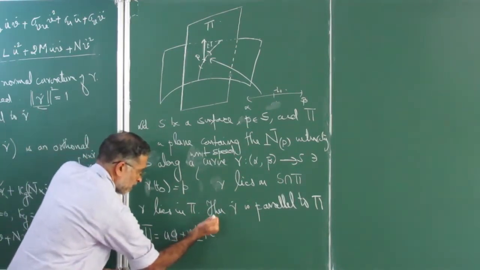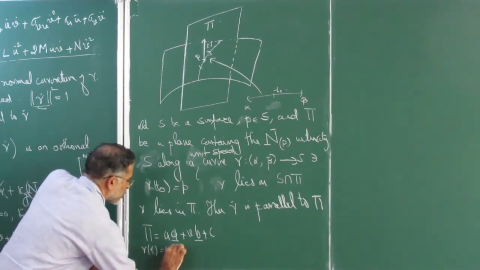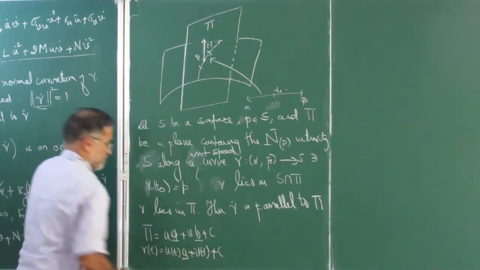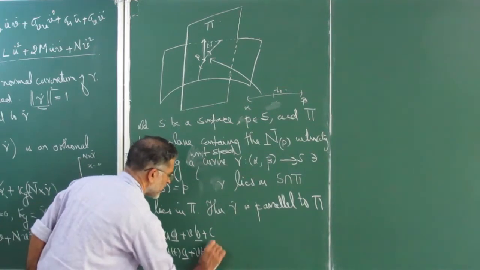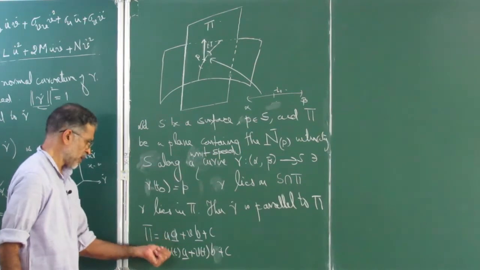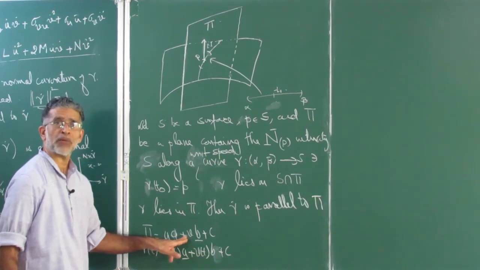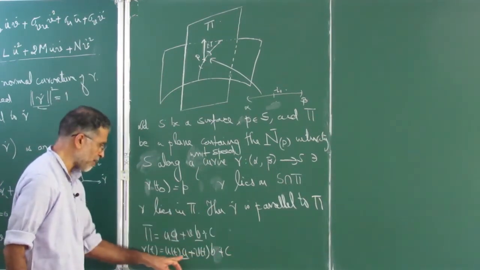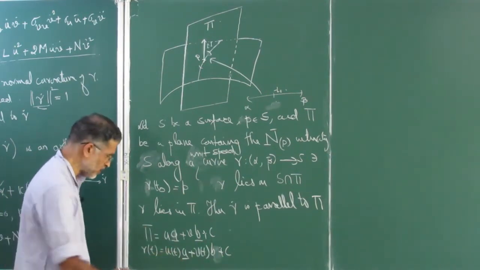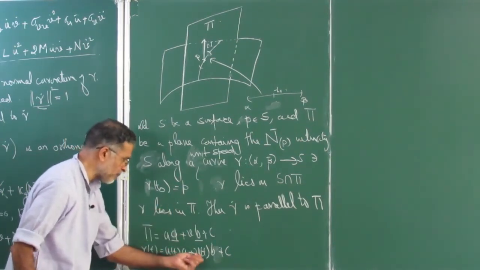So gamma(t) is u(t)a plus v(t)b plus c, some functions such that this will happen because it has to lie here. So it should be a linear combination of a and b plus c. So your gamma(t) should be some u a plus some v b plus c. It depends on your t, therefore it will be u(t)a plus v(t)b plus c.